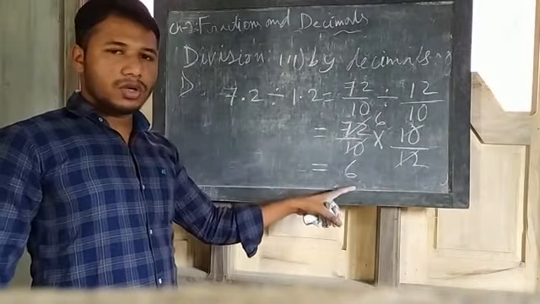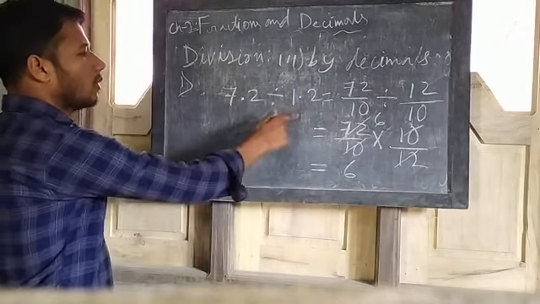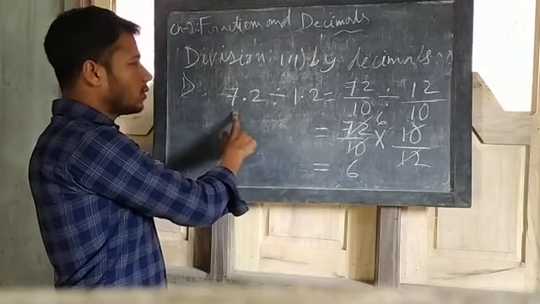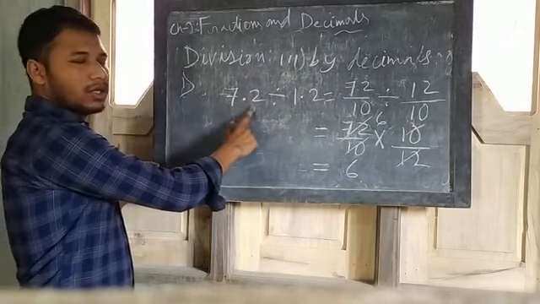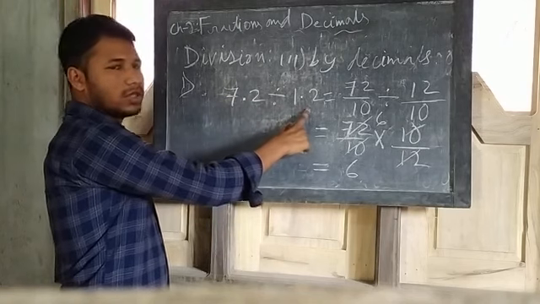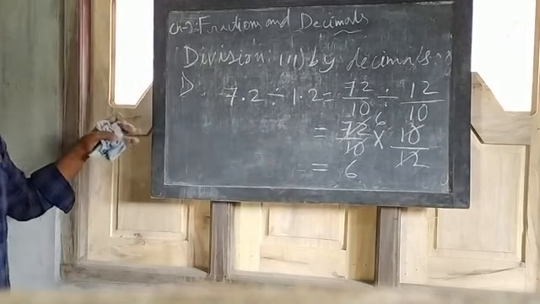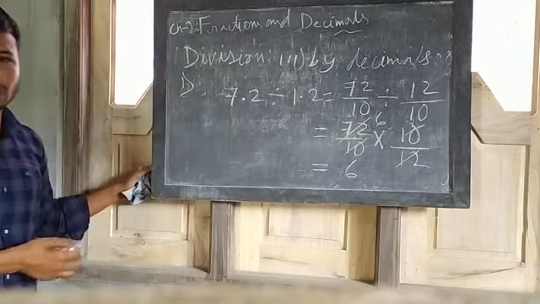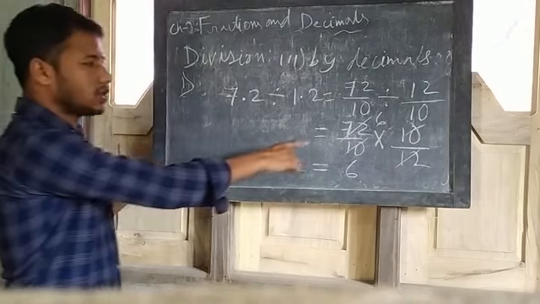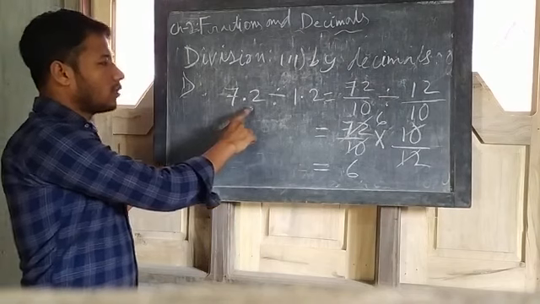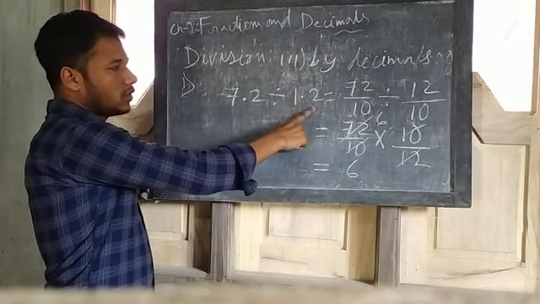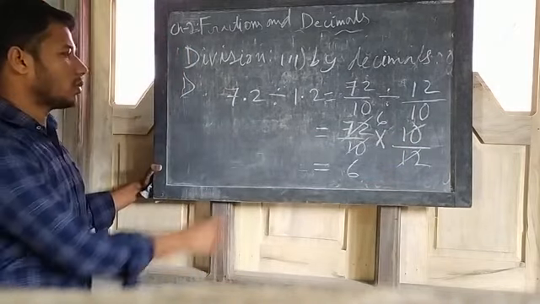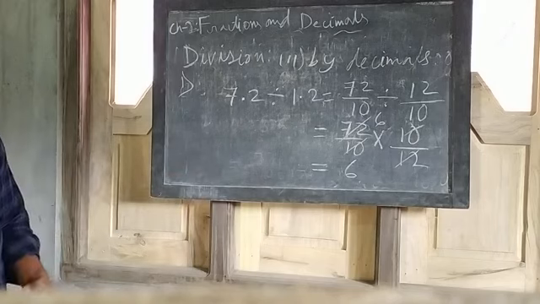See here, this is not a decimal number, this is a whole number. So here also you can see that if we divide a decimal number by a decimal number, and both have one digit after the point, we can omit the decimal like this. If here were 2 digits after the point and here also 2 digits after the point, then here will be 100, 100 will cancel. Therefore, the division will be just a whole number.